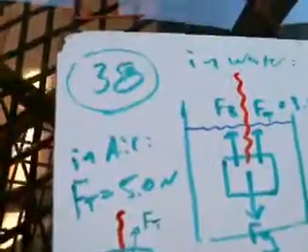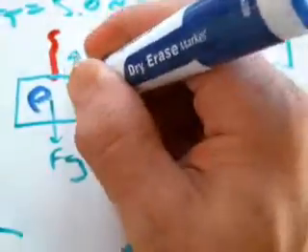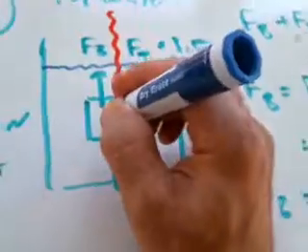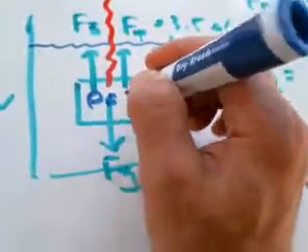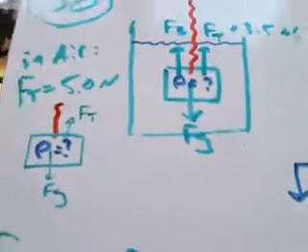The goal of question 38 is to see what the density of this object is. So that's what you want to find. What is the density? And remember, the density doesn't change whether it's submerged in water or in air. It doesn't matter.